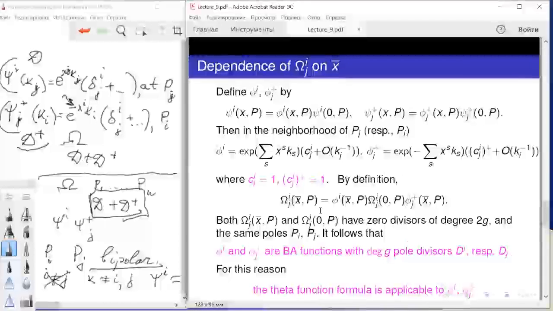There is no other way: phi upper i and phi cross lower j generically have pole divisors of degree g each one.